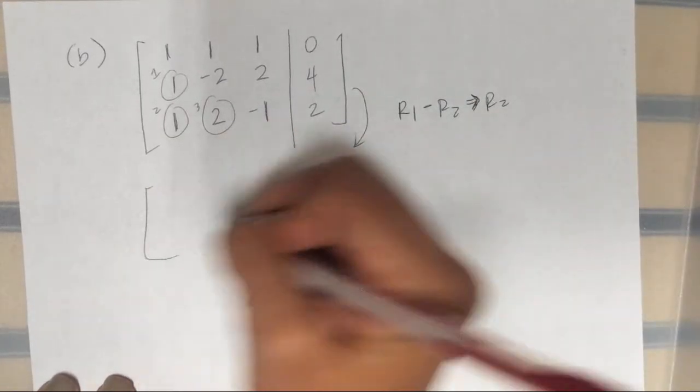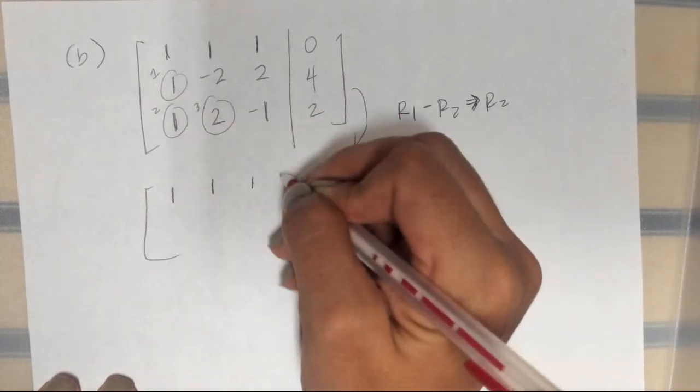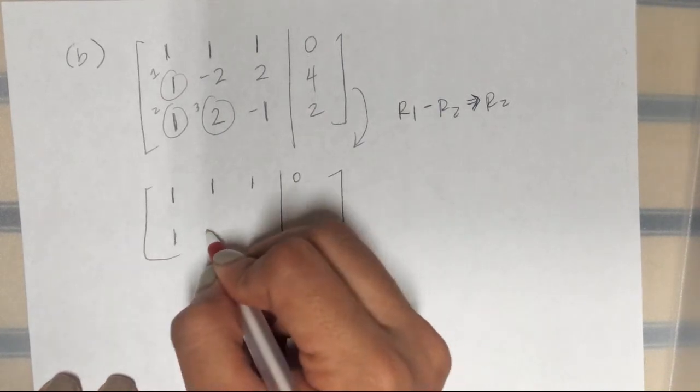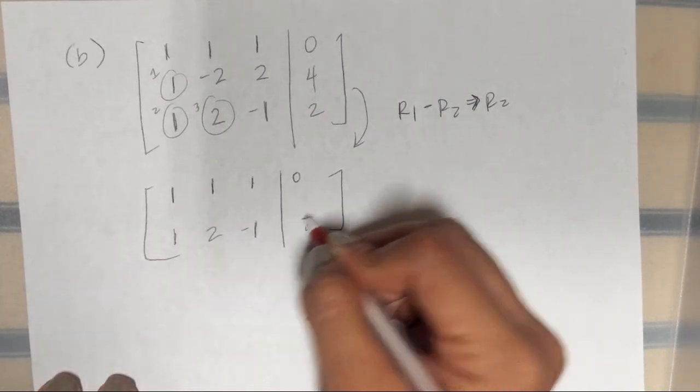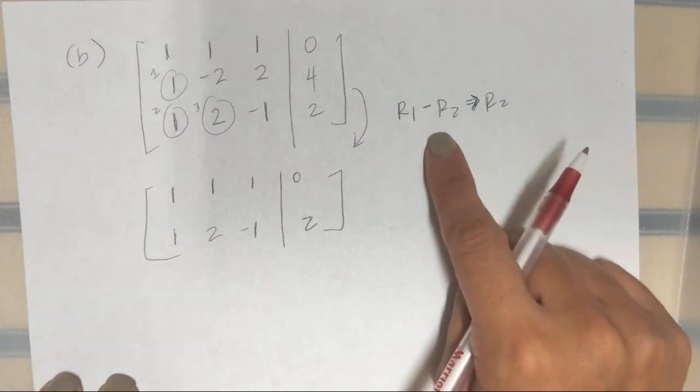So I'm going to rewrite my matrix. So first write what's going to stay. So my first row is going to stay, and my third row is going to stay. Now do what my equation says.